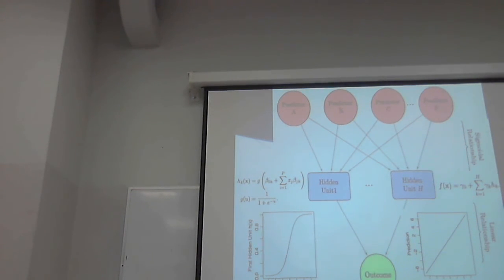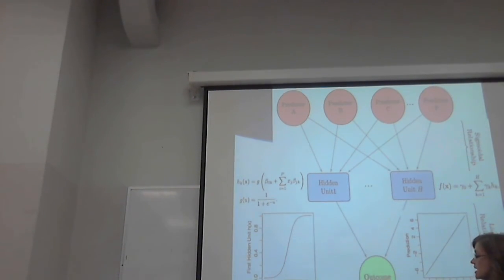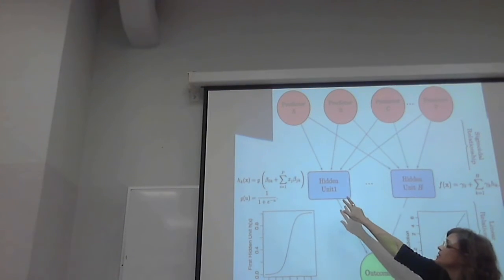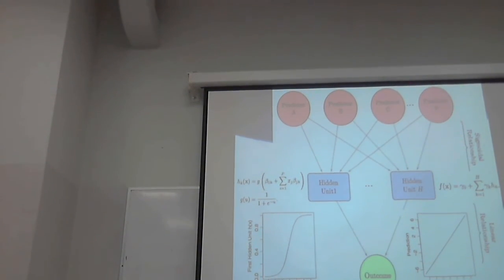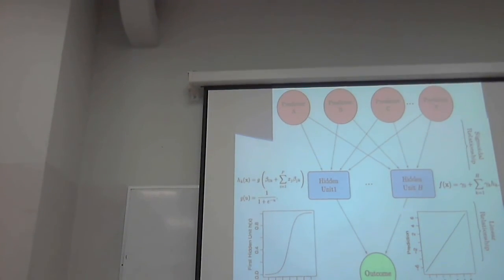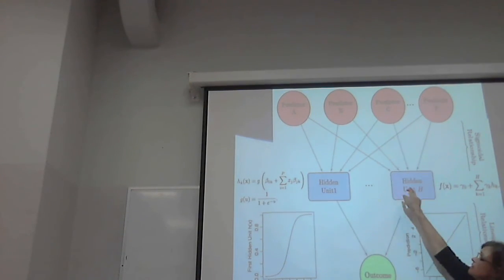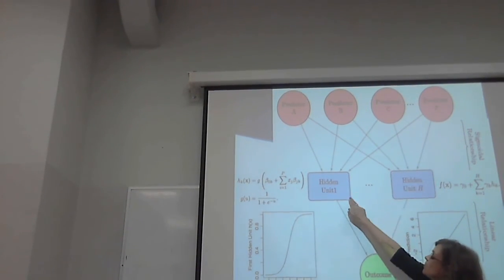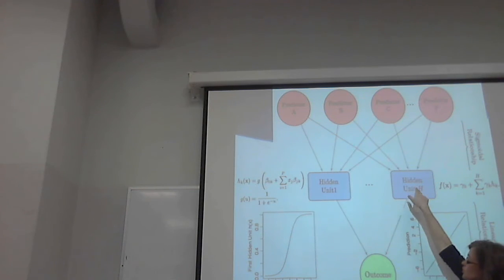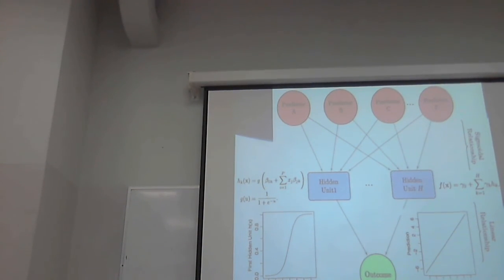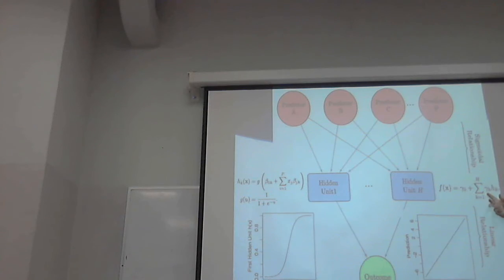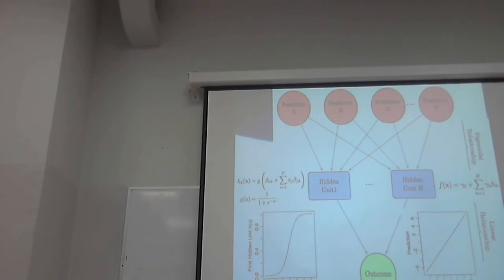And then you build an outcome. You build an outcome as a linear combination of your original predictors. Not original, I'm sorry, a linear combination of your new variables. So the only difference from the linear, you see, is that you introduce a sigmoidal relation here. This is the only non-linearity introduced.